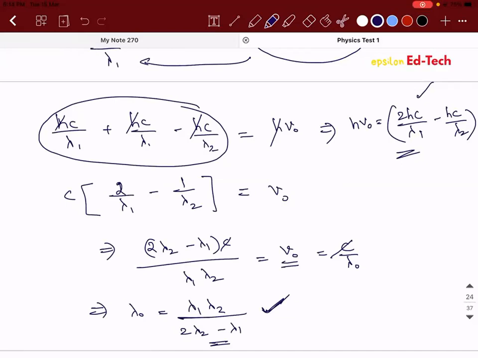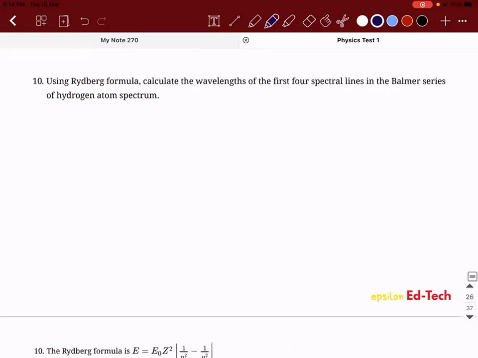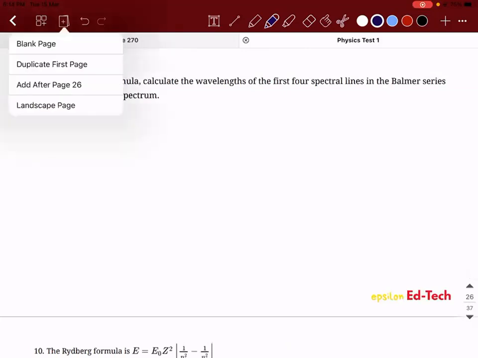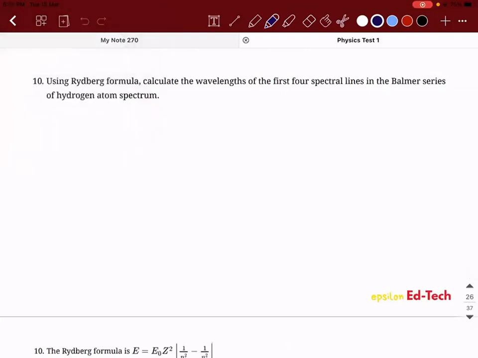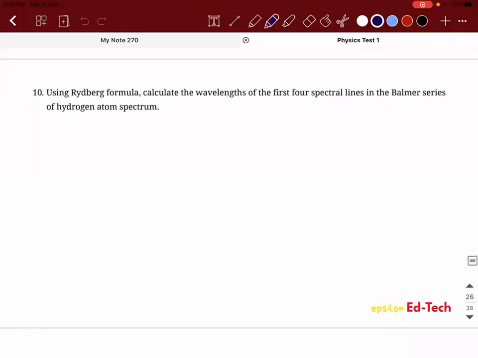The last two problems. Using Rydberg's formula, calculate the wavelength of the first 4 spectral lines in the Balmer series of hydrogen atom spectrum.